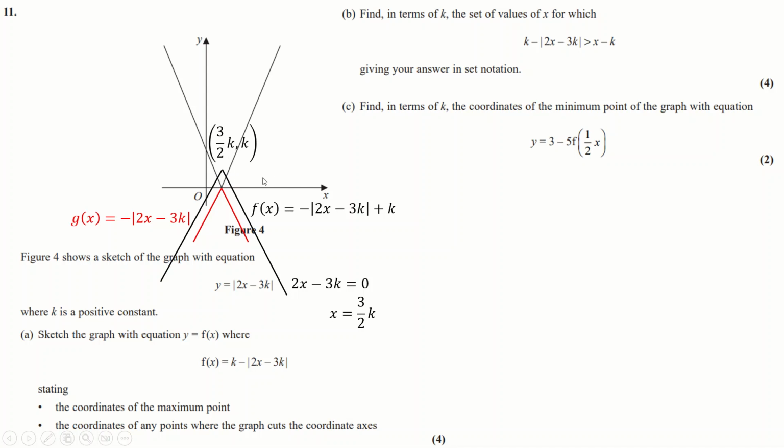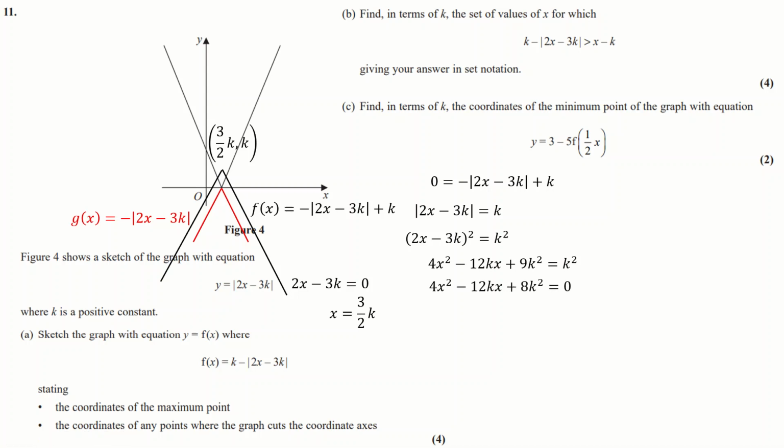So that's cool. It also wanted any other coordinate axis intercepts, so I need to find these 2 points here. Now, I think I've overblown this. I just solved the function to be 0 to find roots, of course. That's what you do. f of x is 0 when you're on the axis. And then I moved this thing over, and then I just squared both sides. You can do this in a much easier way than this, but this is just how I did it.